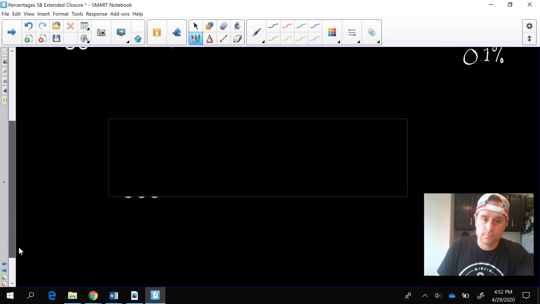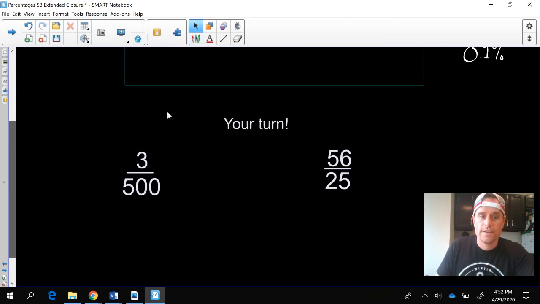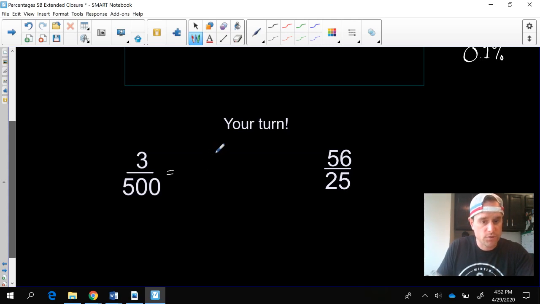Okay, guys, your turn. Can you solve or tell me what is the percentage of these fractions? Remember, you want to change them to a decimal first. Feel free to pause it, try it on your own. If not, that's okay. Again, we're going to start right now. 3 divided by 500. That's the decimal.